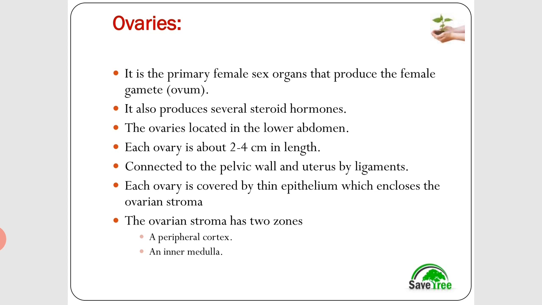Each ovary is covered by a thin epithelium which encloses a cavity, called the ovarian stroma, and this ovarian stroma can be divided into two zones, the peripheral cortex and the inner medulla. This is all in brief regarding the ovaries.